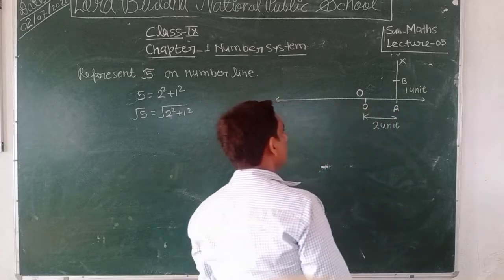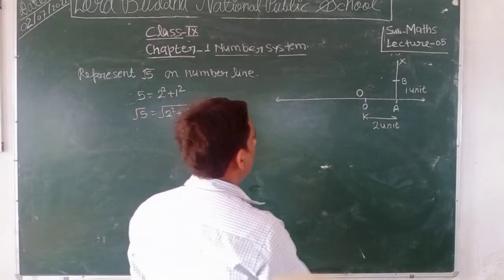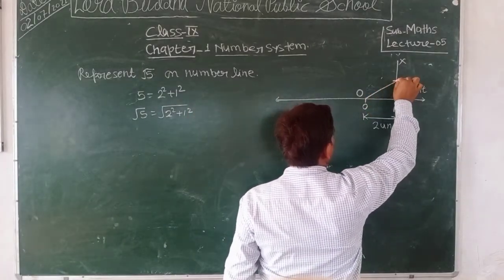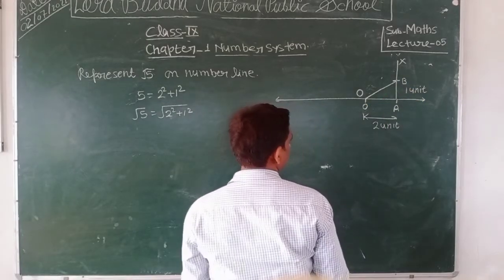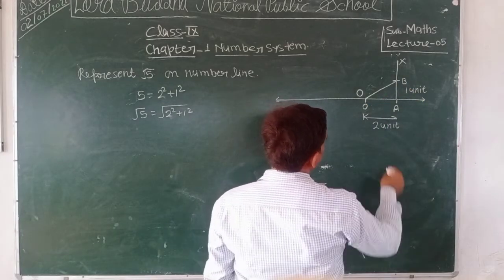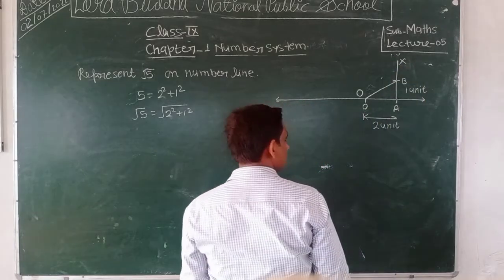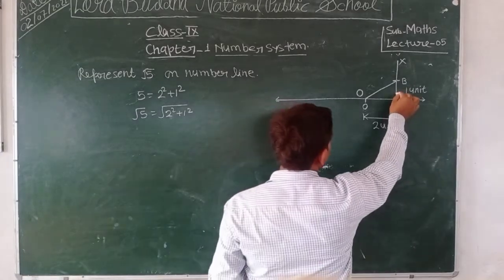Here, you will measure all these units with the help of a scale. In the next step, we join the points O and B. Now OAB is a right angle triangle, right-angled at A.